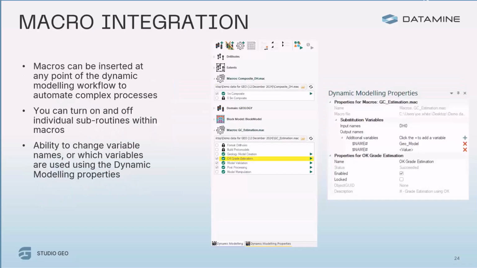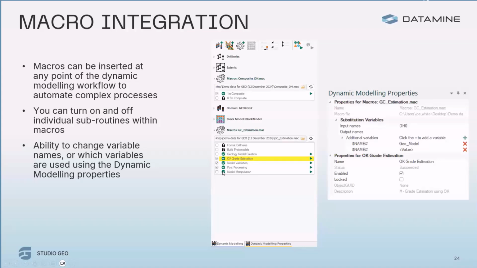And then finally, macro integration. Macros is really what unlocks a lot of the capabilities of Studio Geo. So we can put macros anywhere in our workflow process. As we can see here, I've got some macros in here that will do certain tasks. With the combination of the workflow process and the macros, we can almost do anything in Studio Geo and automate it.